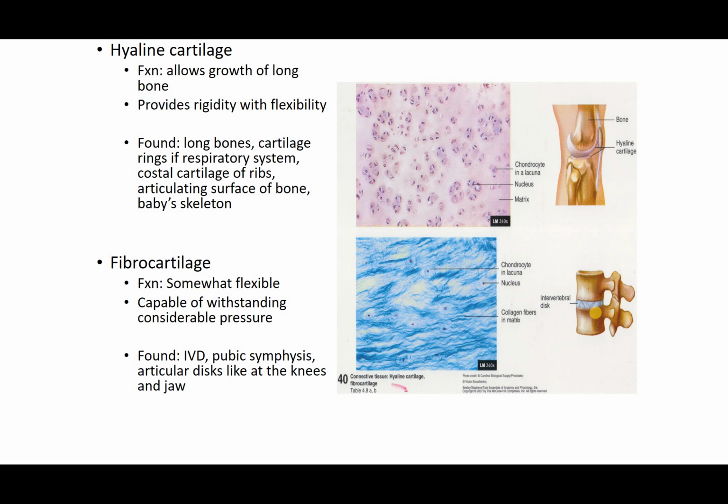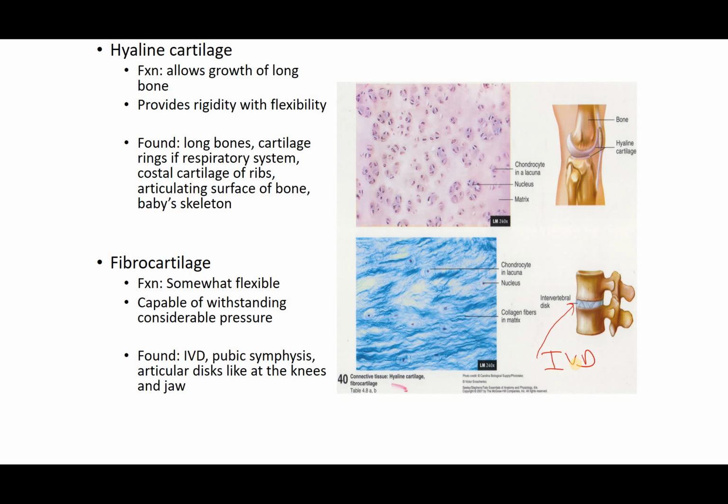And in between those vertebral bones, you find the intervertebral disc, or IVD. And that is a tough structure. Okay, it's pretty tough. It's also found in some discs that you would find in the knee and in the jaw.